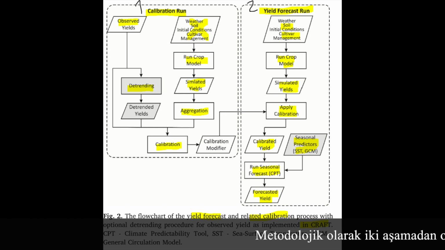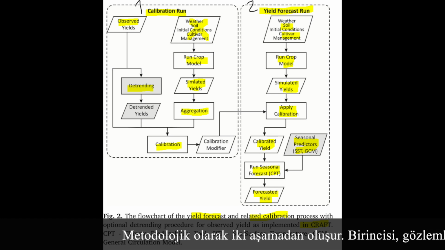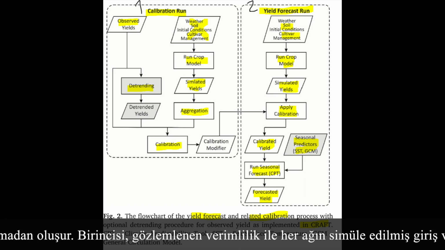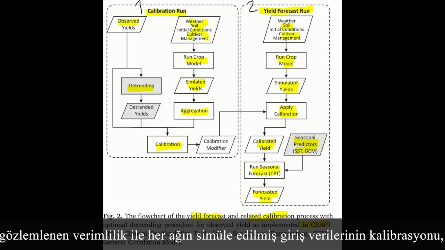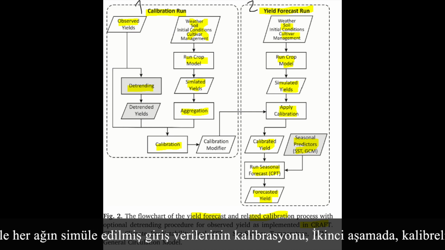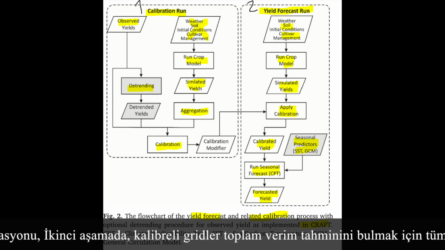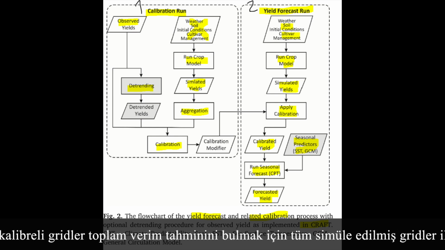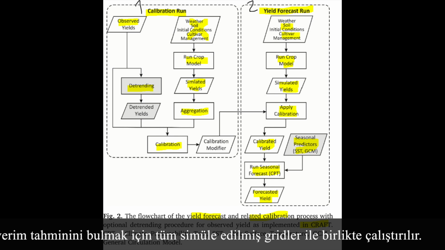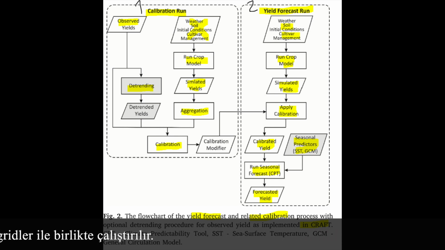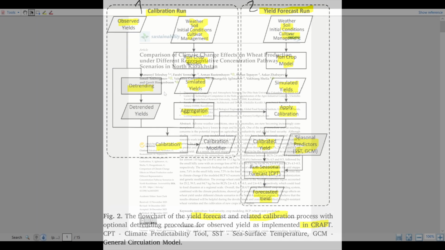Methodologically, it consists of 2 stages. The first is the calibration of each grid's simulated input data with the observed yield. In the second phase, the calibrated grids are run together with all the simulated grids to find the total yield forecast.